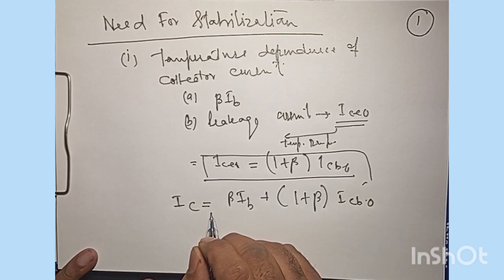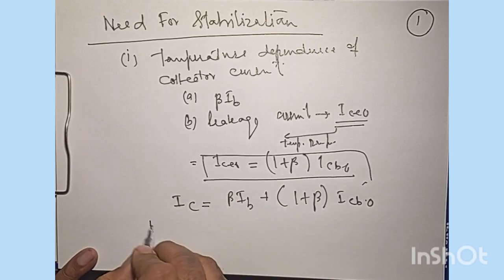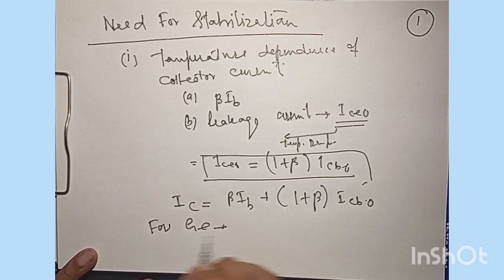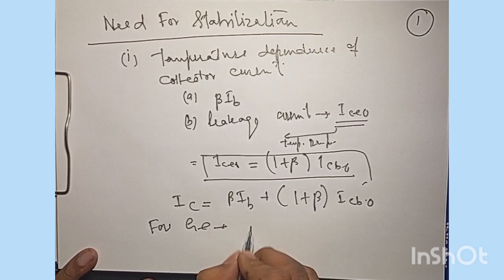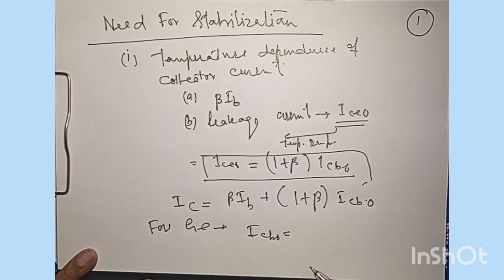Now, in general, for germanium, this ICBO, which is the leakage current, is dependent on temperature, that means there is variation in this current when there is variation in temperature.